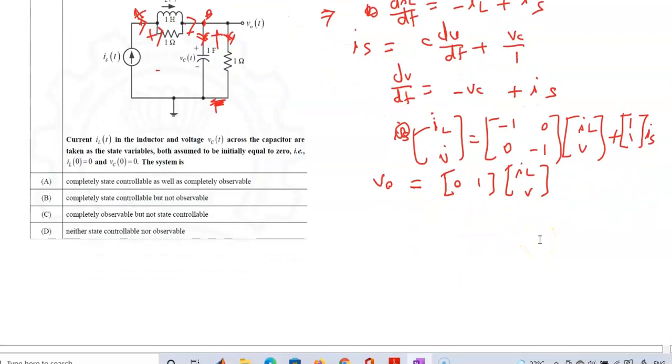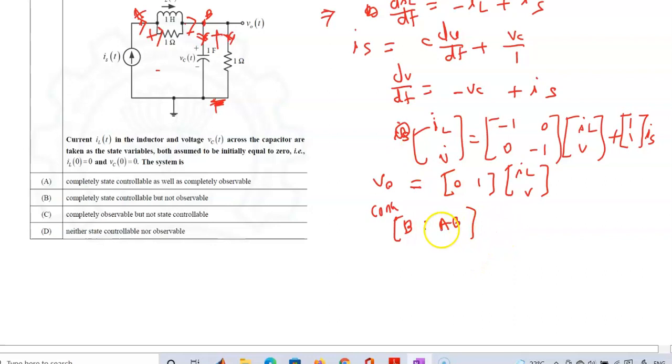We have the state equations. We need to find the controllability and observability. For testing controllability, the determinant of the controllability matrix B and AB should not be 0 for the system to be state controllable.